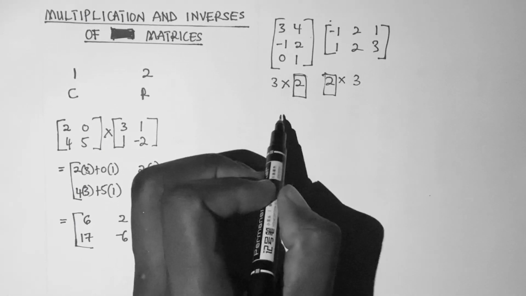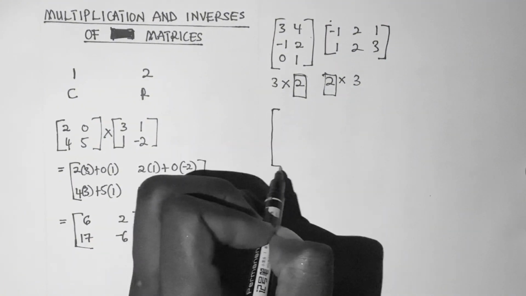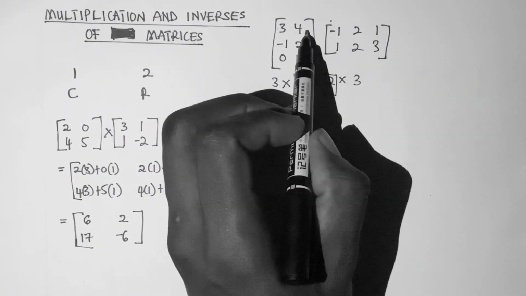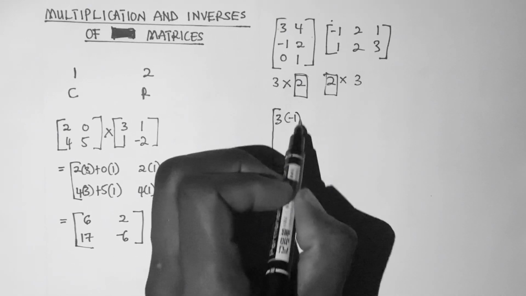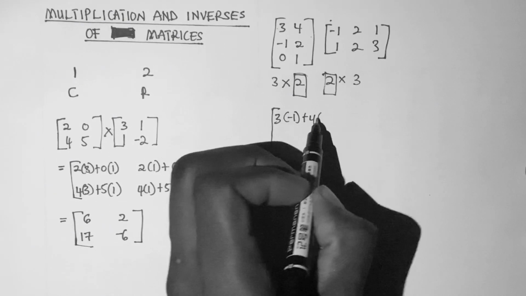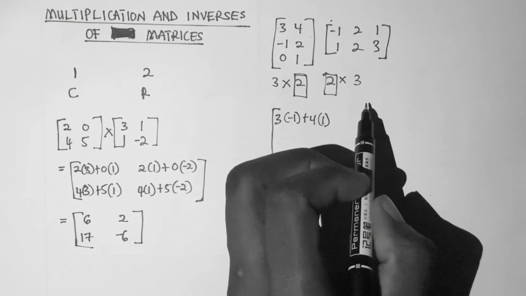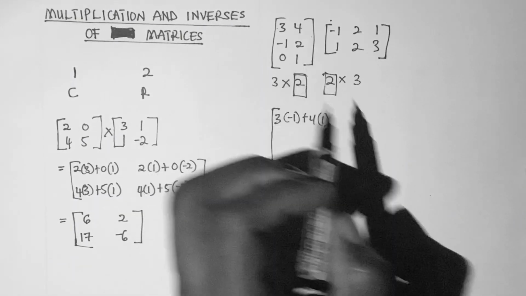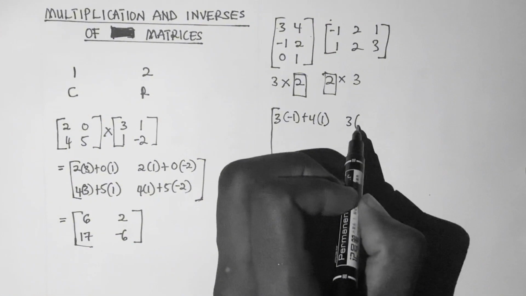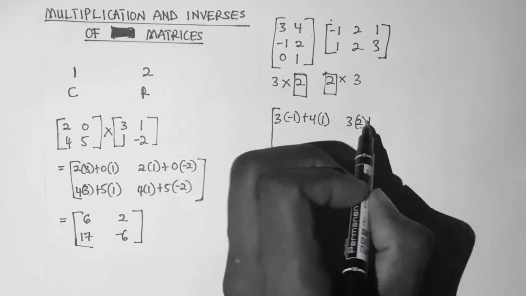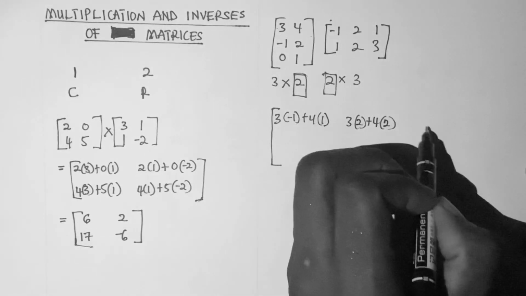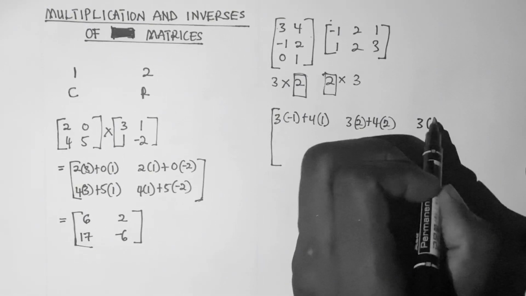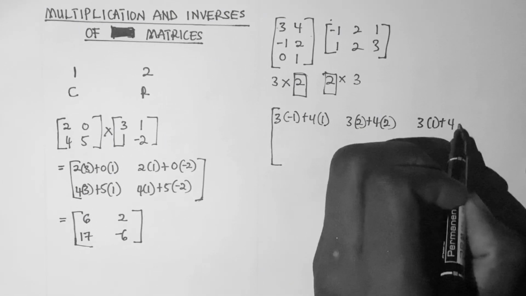So now let's open a big bracket here. You take the first row and multiply by the first column. So that will be 3 times minus 1, then plus 4 times 1. Then this side will be 3 times 2, then plus 4 times 2. And then this side it will be 3 times 1, then plus 4 times 3.